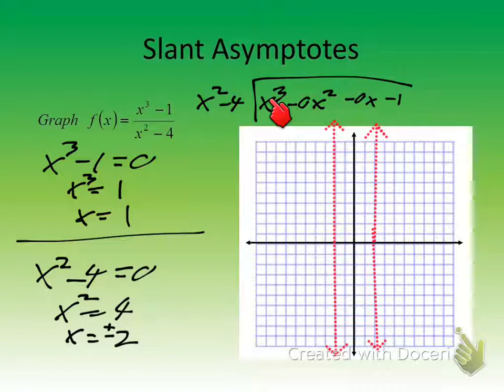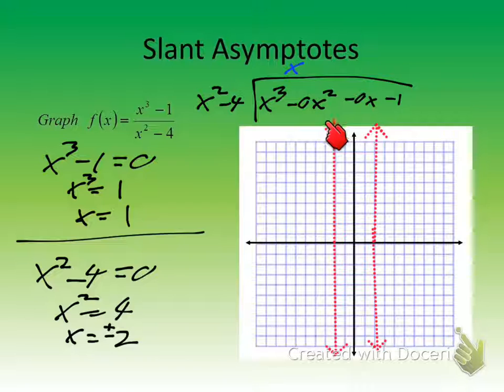Watch what happens. You start it the same way. x cubed divided by x squared gives you what? x. x times x squared gives you x to the third, which is going to cancel this out. What's x times negative 4? Negative 4x.